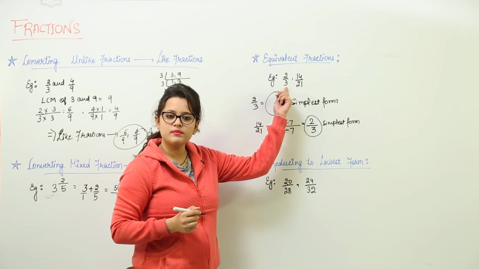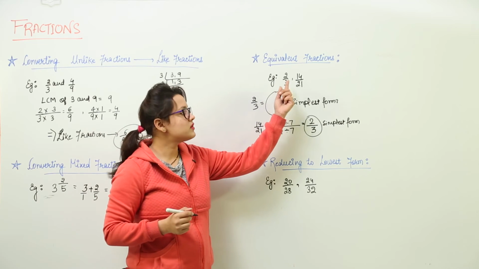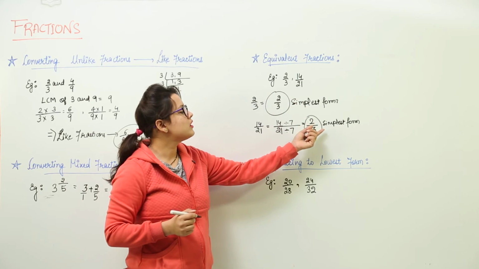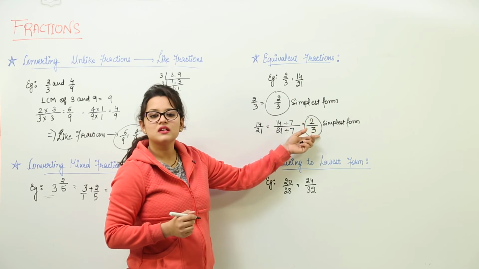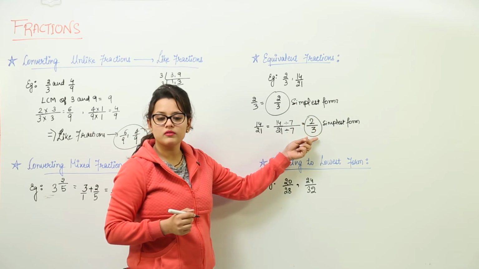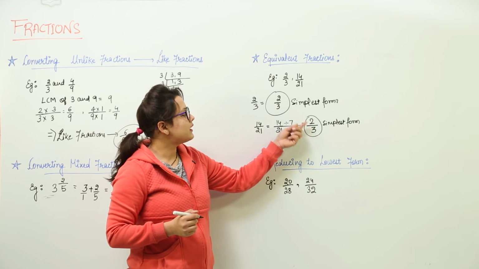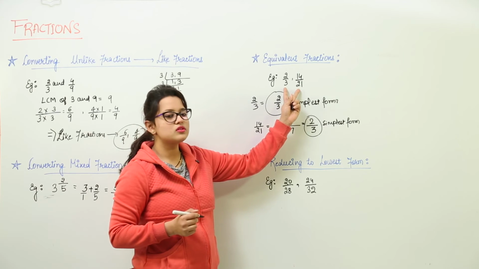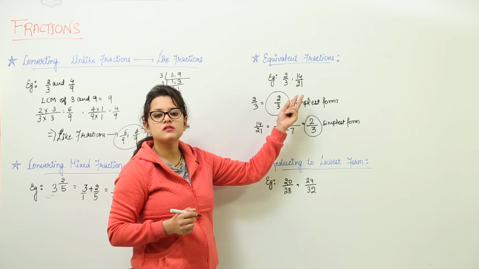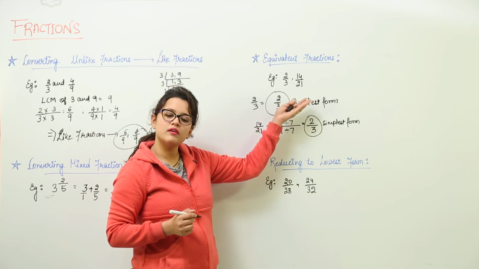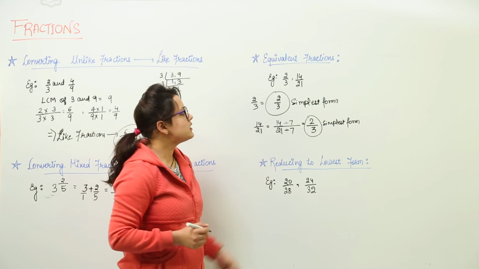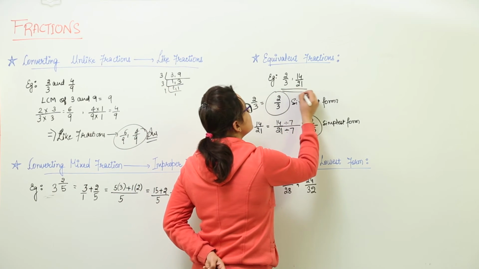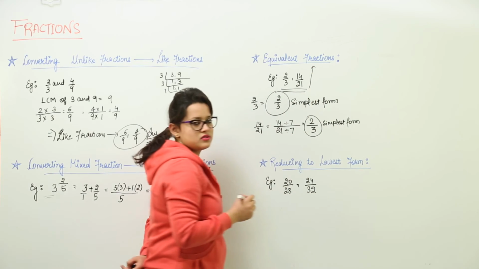This was already present in the simplest form, whereas when we reduced this to the simplest form, we checked that it does not have any other common factor other than 1. That means that is the simplest form. Now both the fractions have the same form, right? They have the same values. So we can say that both are representing equivalent fractions, right?